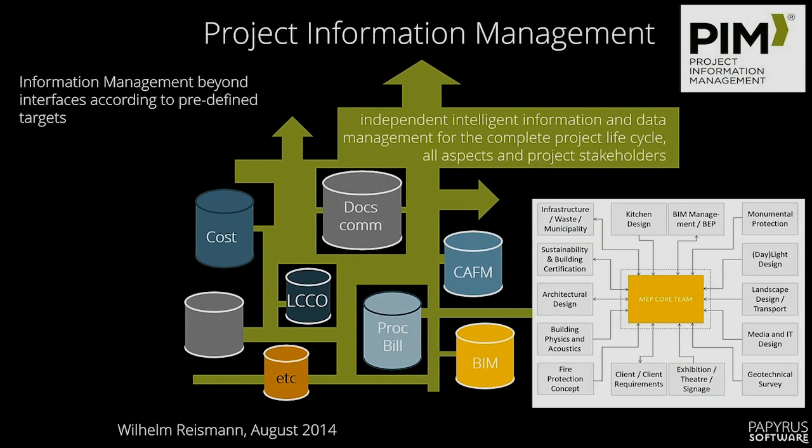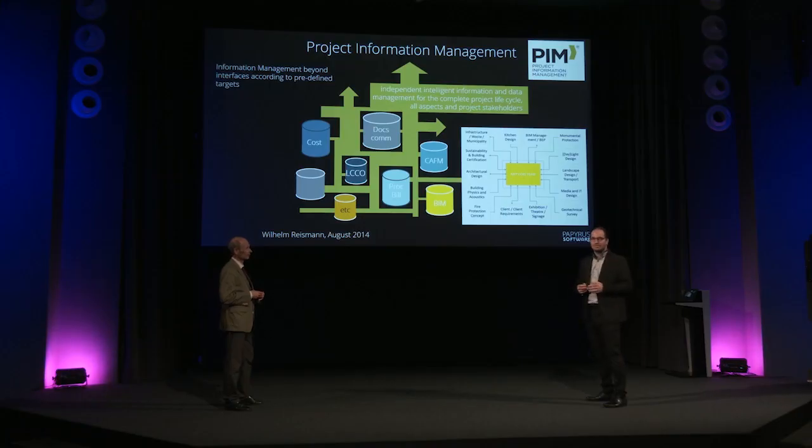Well, as you said, we have a multi-layer of interaction. We have interaction of data, we have interaction of people. What you can see in the back is a graphic that was produced by Professor Reisman in 2014, showing how he wants to interact with data on cost, on documents, on facility management information.